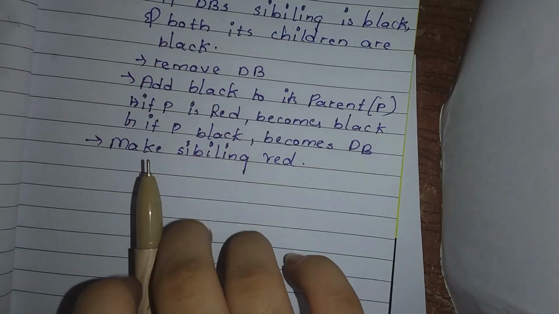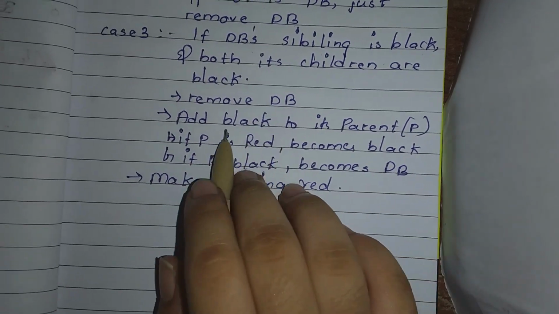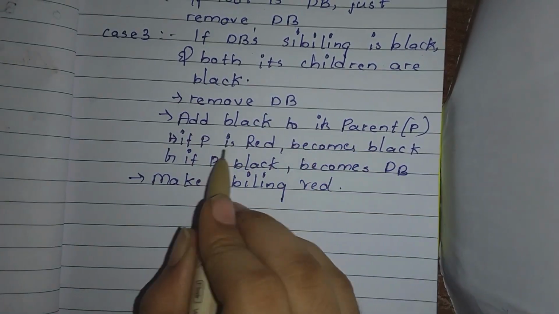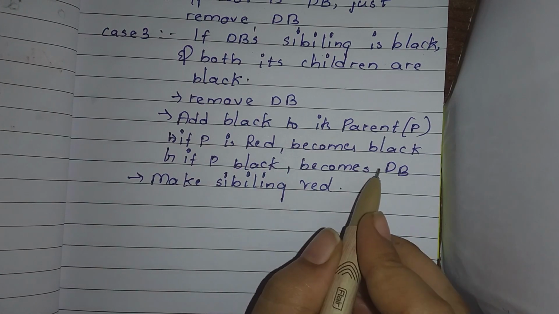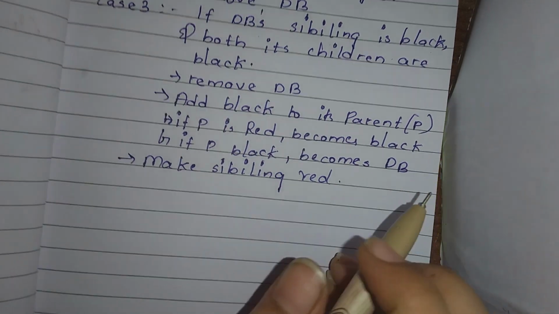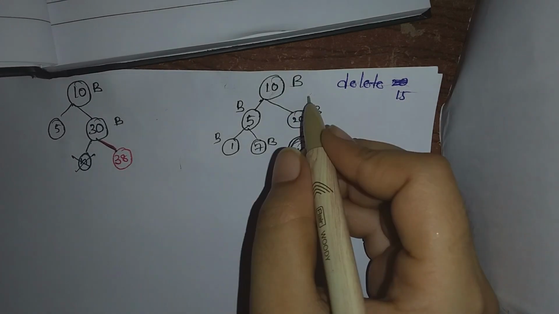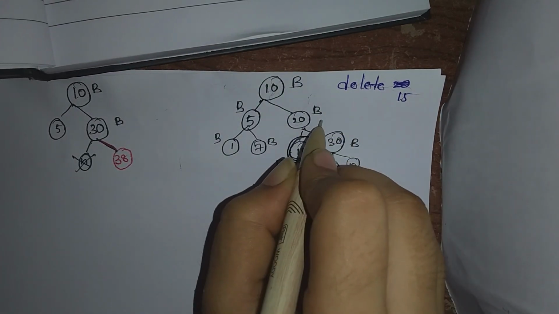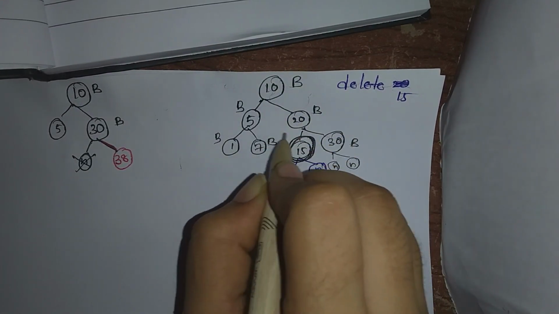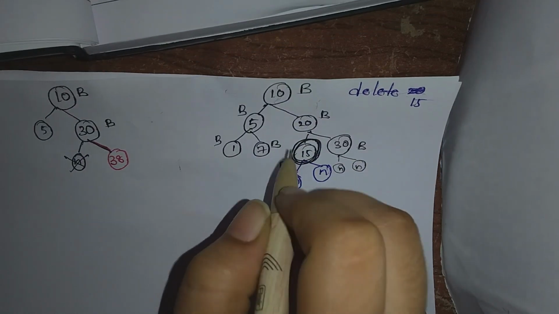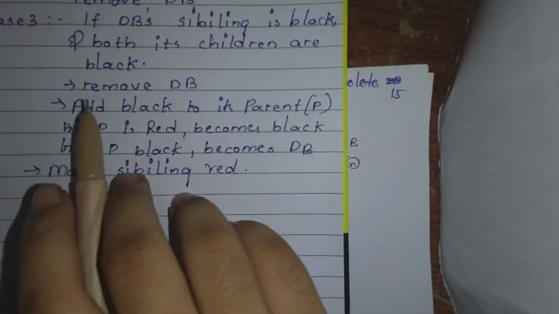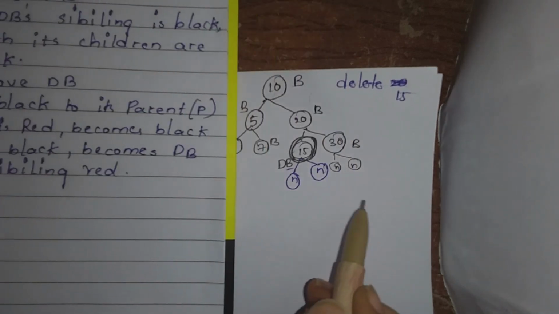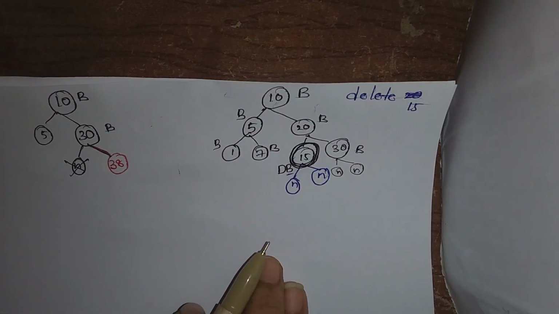Add that black to its parent. If the parent is red, it becomes black. Here the parent is black, so it becomes double black. After that, make the sibling red. After giving this black color, we need to make the double black's sibling red.